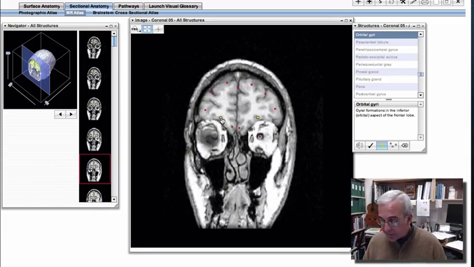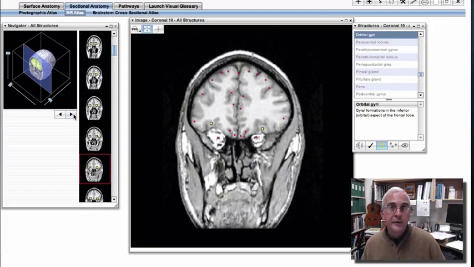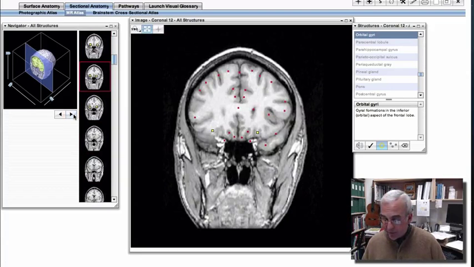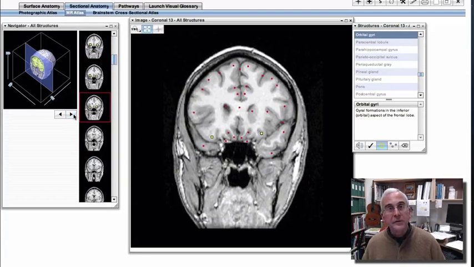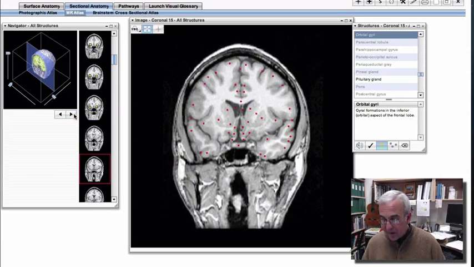If you click on that structure, now there's information available in a text field over here to the right. So what I would invite you to do, if you have Sylvius, is to section through the brain. And since this is an MR study of a human brain, we have a much greater density of images, and I think that will be of benefit to you.